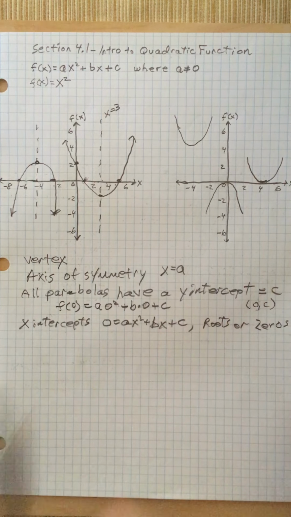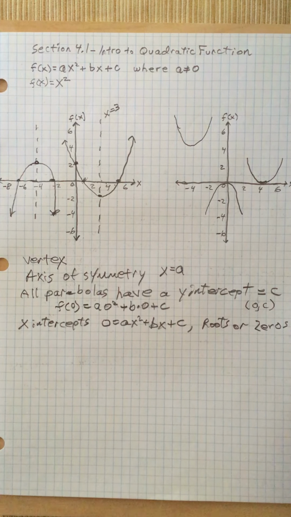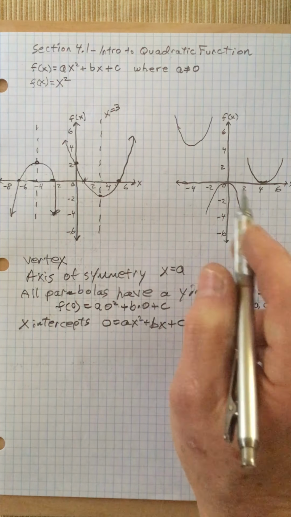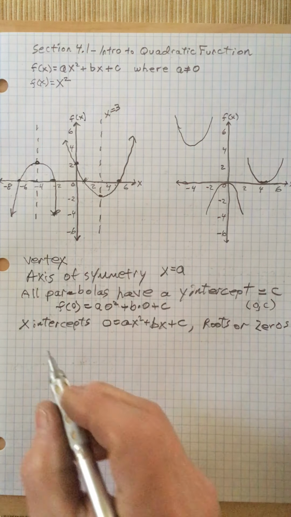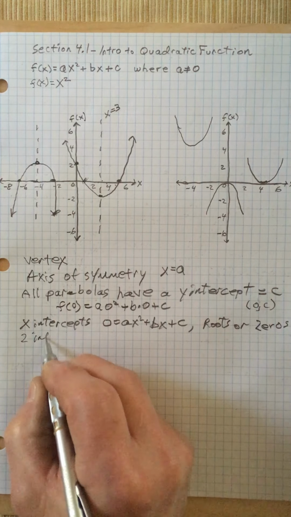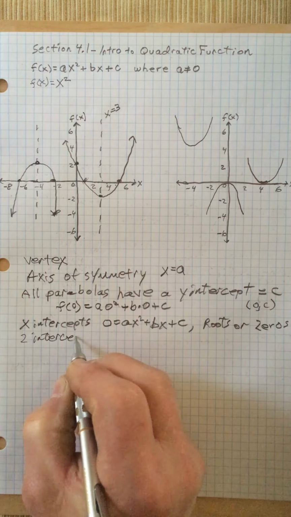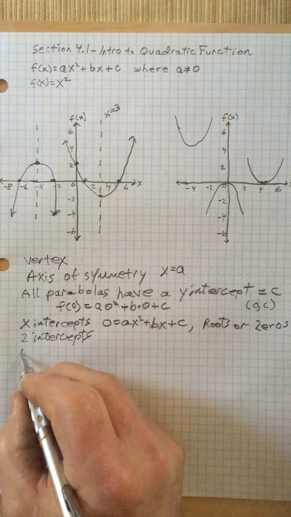These two have one x-intercept only, and that happens to be where it touches the x-axis. It's not going to hit the x-axis anywhere else. So we can have two x-intercepts. We can have one intercept.